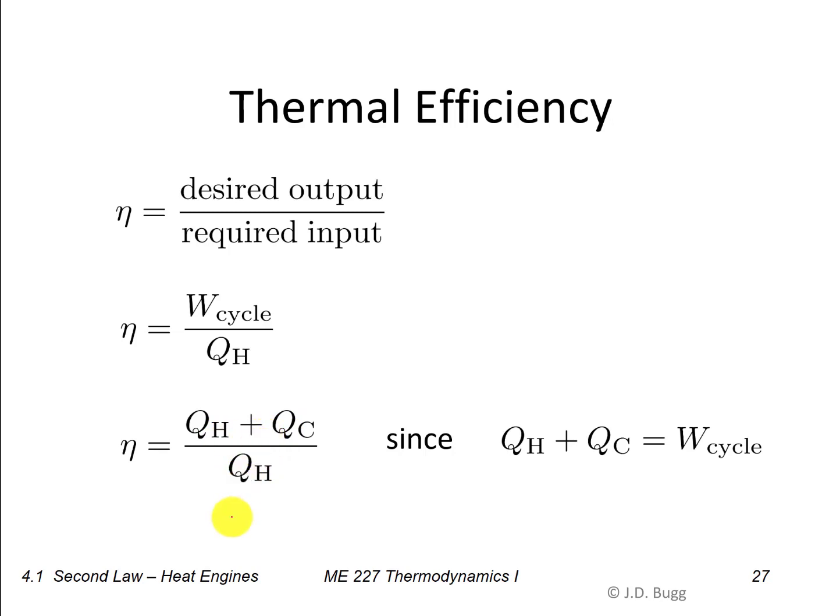Now remember that these Q's have signs. QH is always positive and QC is negative. So the numerator is going to be smaller than the denominator and the efficiency will be less than 1. So we're making use of this fact, this characteristic of any cycle, when we write the thermal efficiency like this.